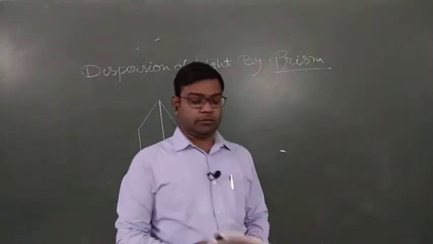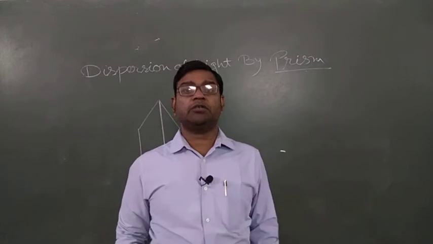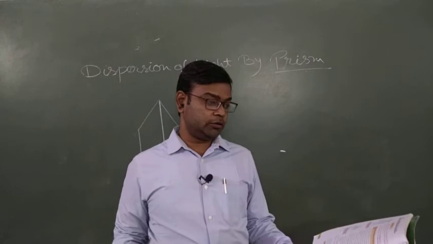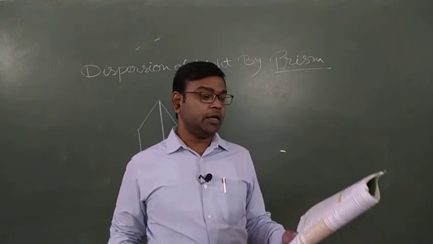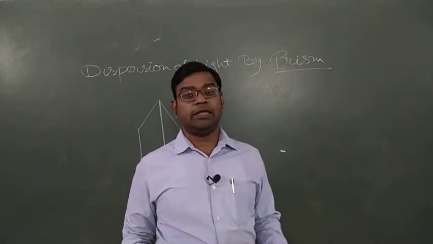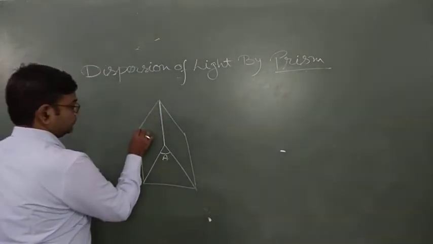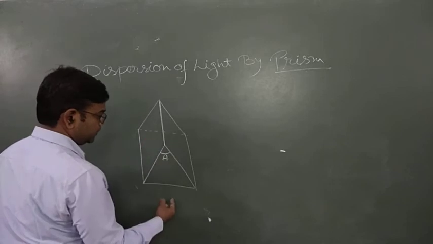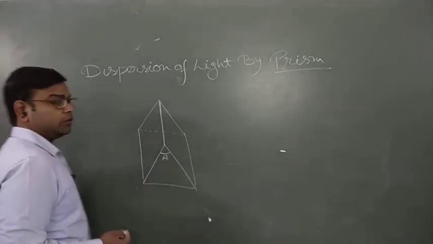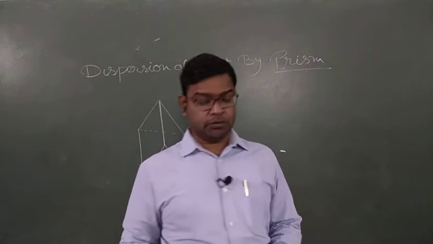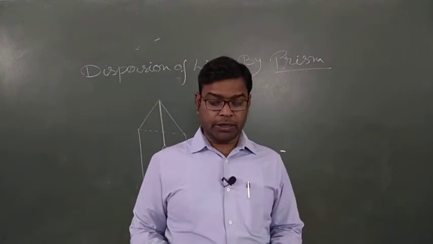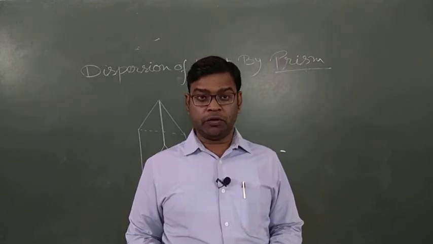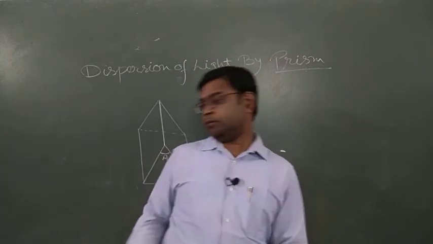Definition says that a prism is a piece of glass or any transparent material which is bounded by two triangular surfaces and three rectangular surfaces as illustrated. Means this one. There are two triangular surfaces and 1, 2 and this bottom part 3 are your rectangular surfaces. This is known as your prism. The rectangular surfaces are called refracting faces. The angle between two refracting faces is known as your angle of prism.